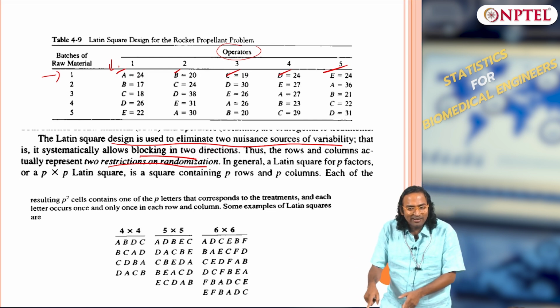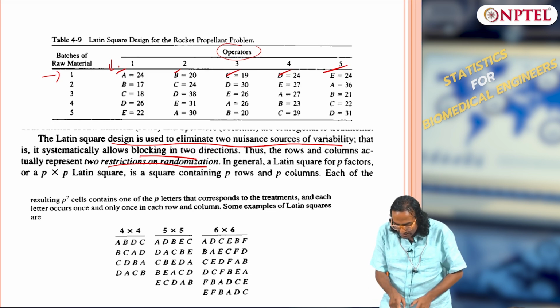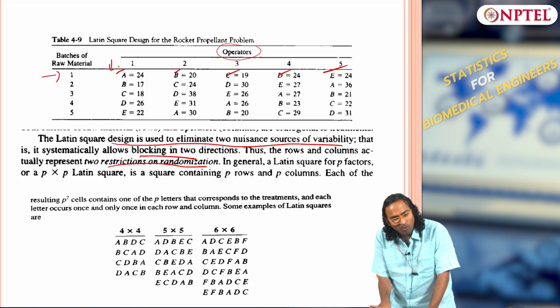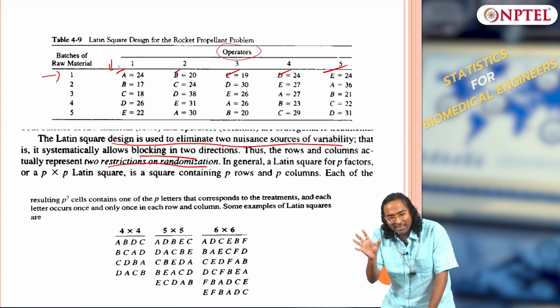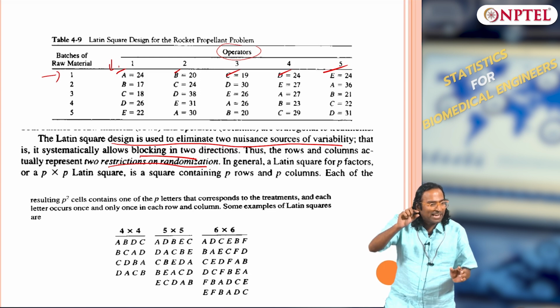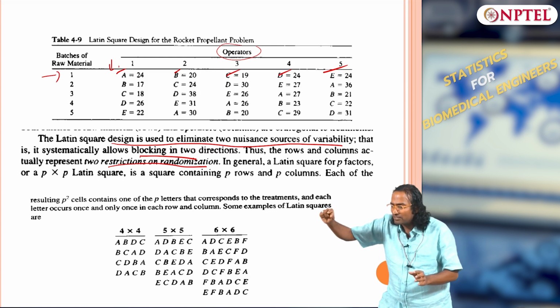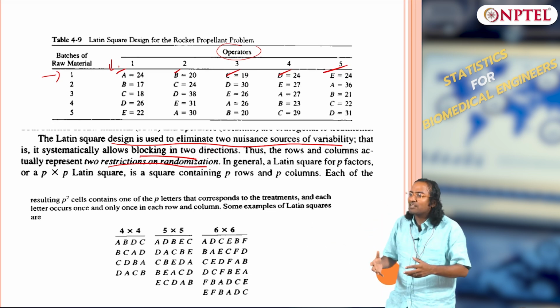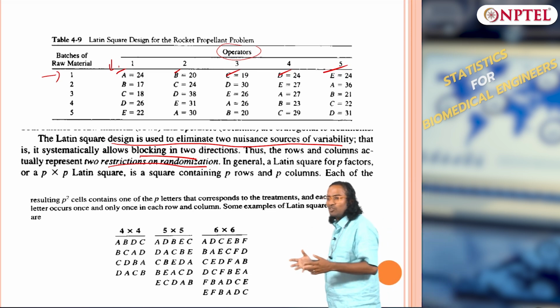Look at this, there is an interesting thing: A, B, C, D, E is 1 row, complete; B, C, D, E, A, another. So each row has all the treatments of interest. If repetitions are there, then I cannot compare. You see the problem?